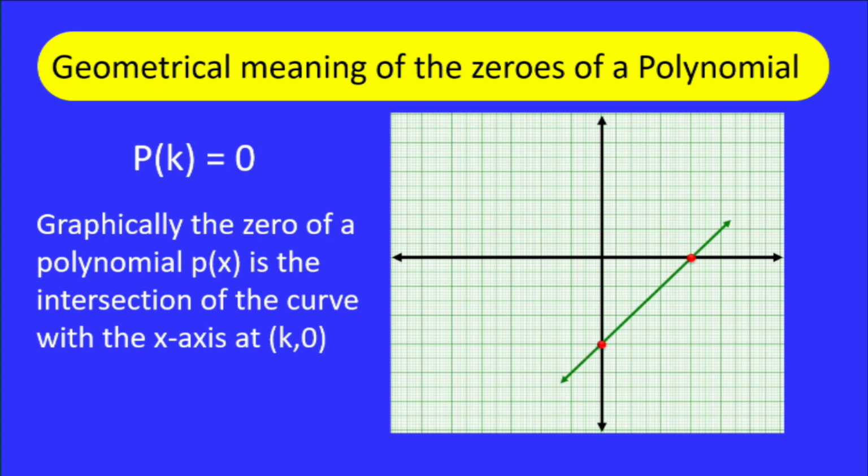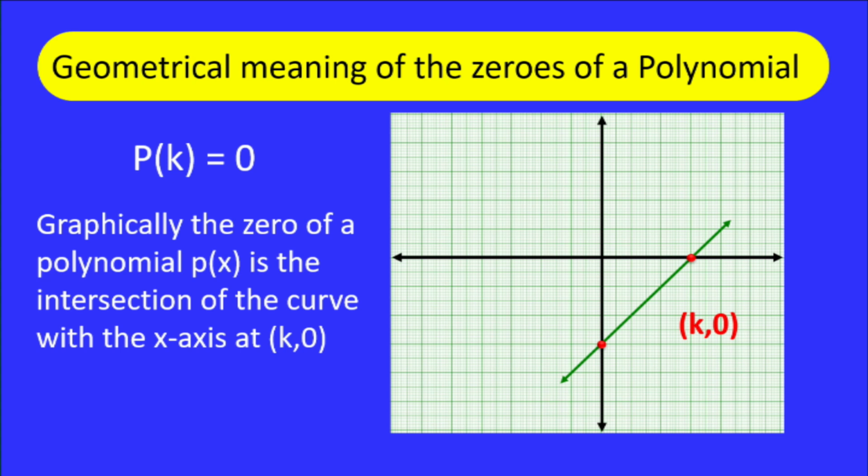So, here is one general example of a polynomial which intersects the x-axis at k comma 0. The x coordinate of the intersecting point of the x-axis and the curve is the zero of the polynomial.